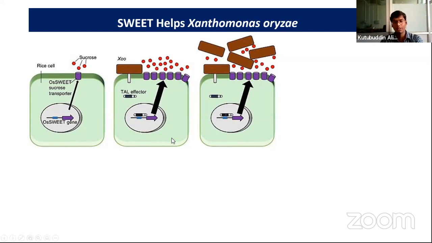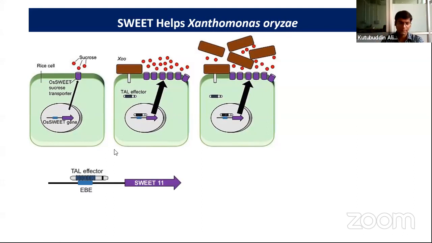So now the question is, we know this mechanism. We know that this TAL effector binds to the promoter sequence of the SWEET gene. So now, if you see in detail here, this is the SWEET gene, and this is the effector binding element. This is nothing but a sequence in the promoter, and with this sequence, this TAL effector binds.